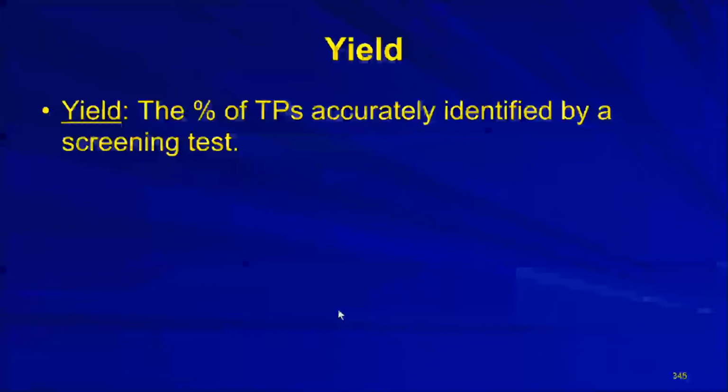I want to talk to you about yield now. And yield is a farm concept, really. If any of you are farmers or have had experience, with a crop of corn, for example, you want to know how many ears of corn you're going to get from your crop.